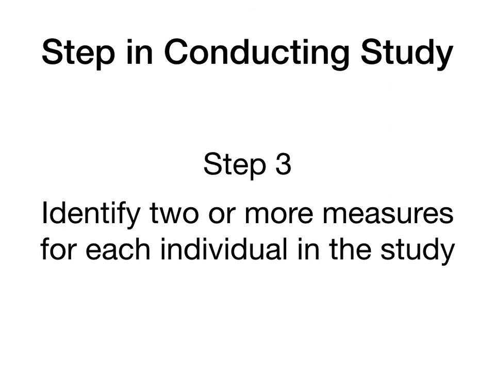In step three, the researcher needs to identify at least two characteristics and determine the instruments that will be used. Typically, one instrument is used for each variable, but one instrument can be used.